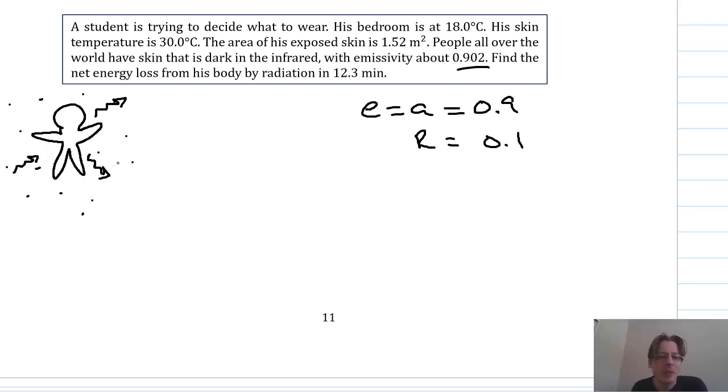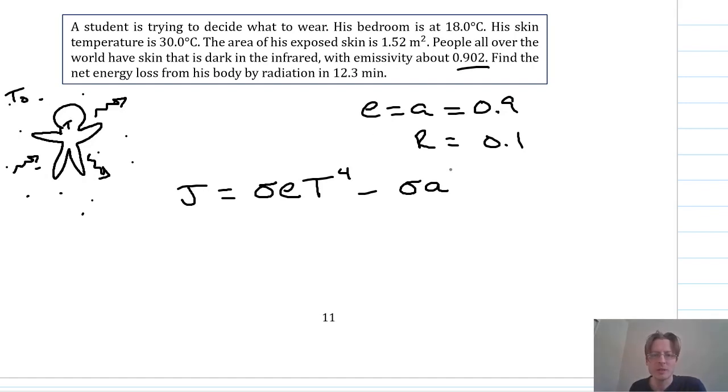So if I want to know the net heat, J, it would be equal to sigma times E times the temperature of our body to the fourth. I also have to account for the input as well. That would be minus sigma times the absorptivity of our body times the temperature of our surroundings, call it T naught.